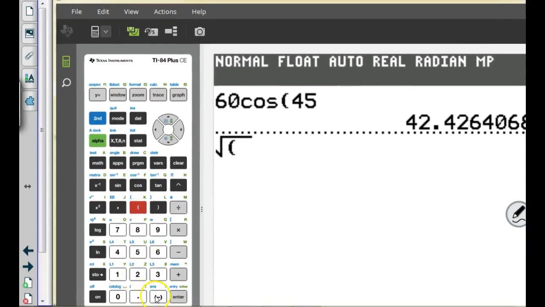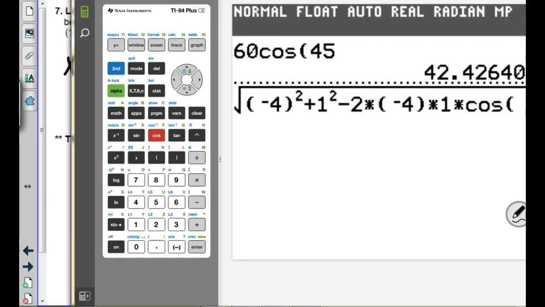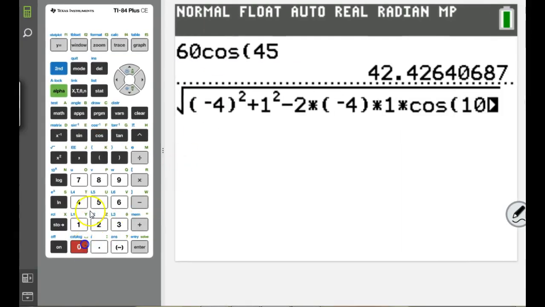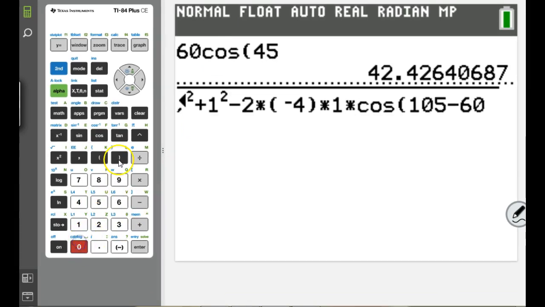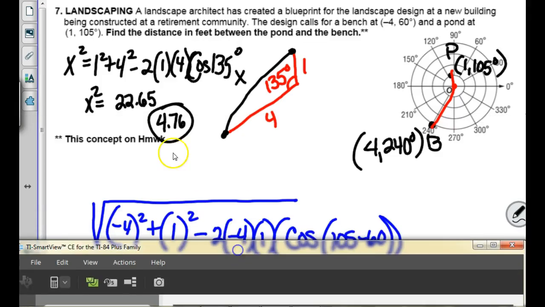So many parentheses. -4 squared plus 1 squared minus 2 times -4 times 1 times the cosine. We wrote 105 minus 60. Is that the same thing we got? 4.6? No, 4.76. Did I do something wrong?